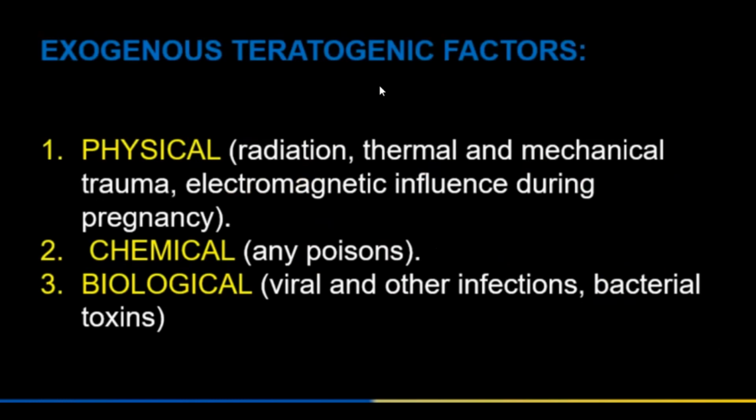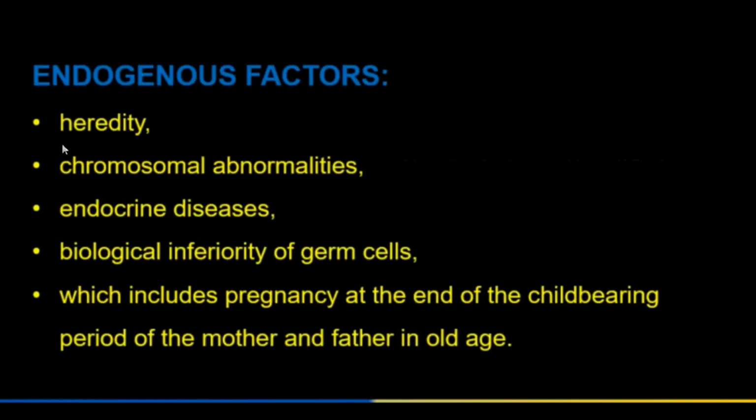Exogenous teratogenic factors are physical, chemical, and biological. Endogenous factors are heredity, chromosomal abnormalities, endocrine diseases, biological inferiority of germ cells, pregnancy complications, and the age of the mother and father.